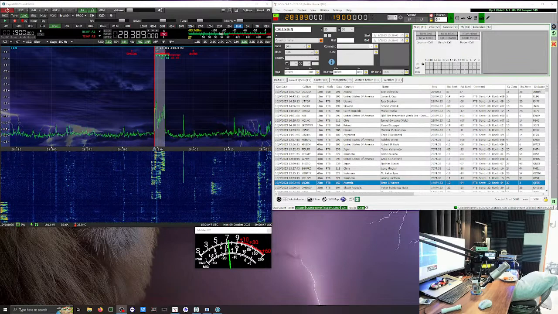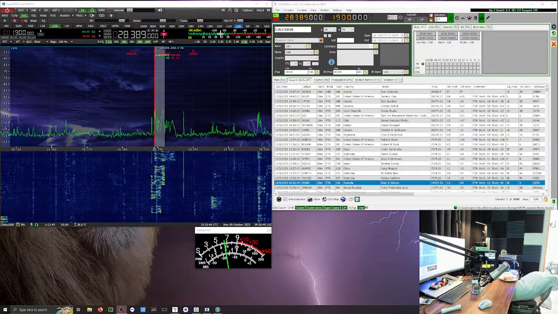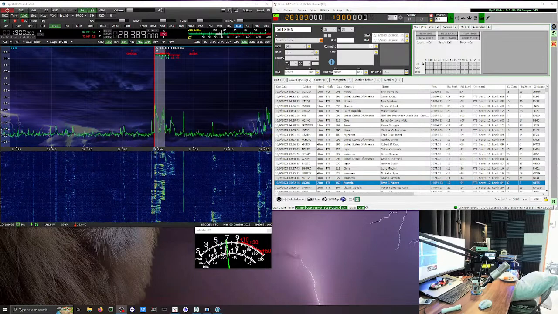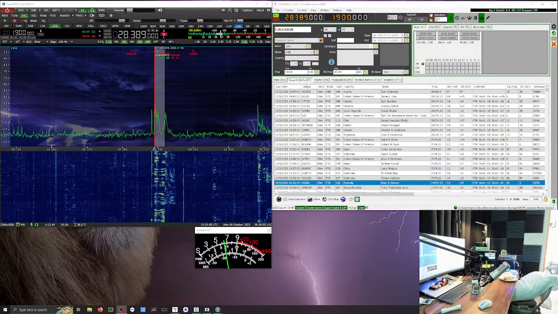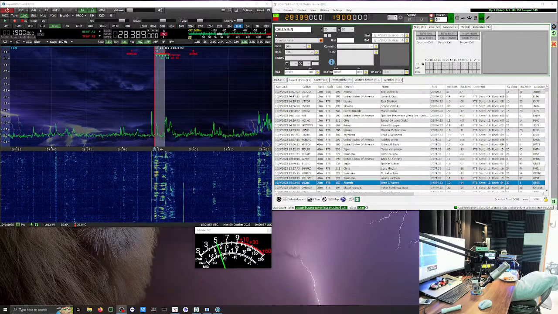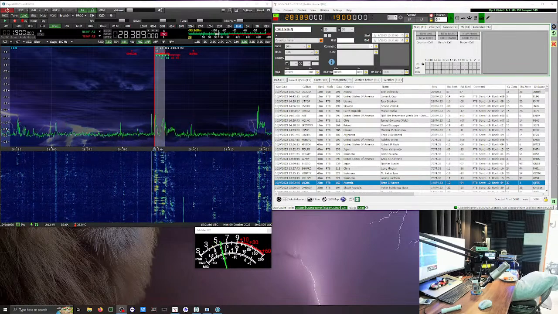CQ DX. This is Kilo Golf 2 Mike, calling CQ DX.